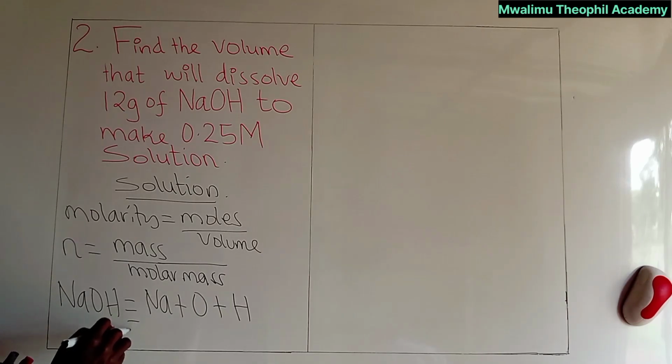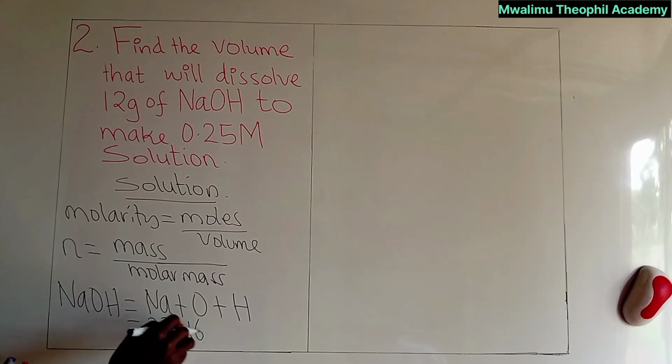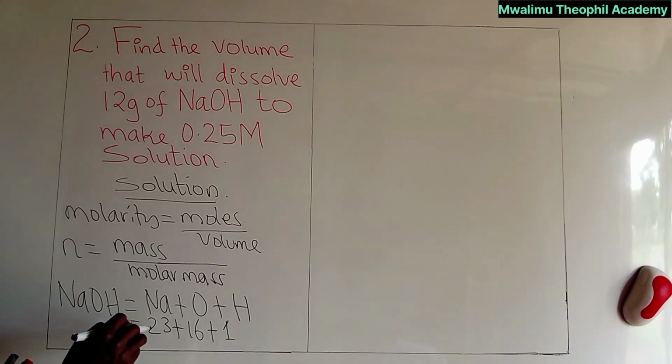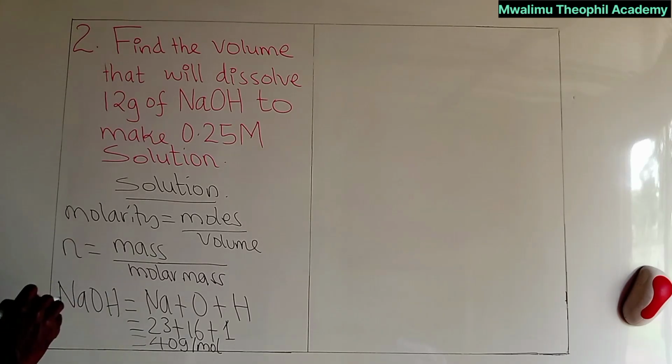When we add the relative atomic masses for each element, the relative atomic mass of sodium is 23. We add for oxygen 16 grams per mole, and for hydrogen 1 gram per mole. When we sum these, we get 23 plus 17, which gives 40. So it is equal to 40 grams per mole. Now, the relative molecular mass of sodium hydroxide is 40 grams per mole.